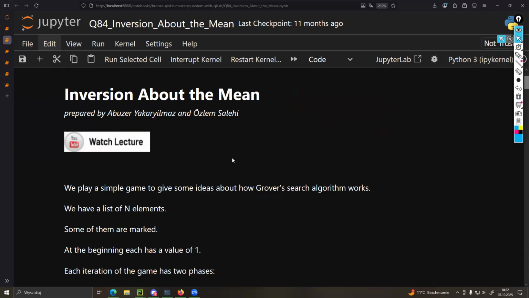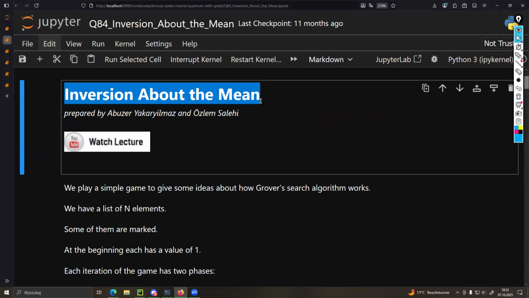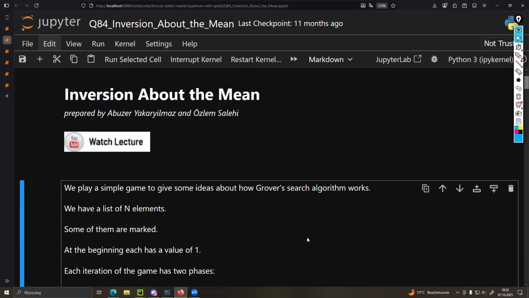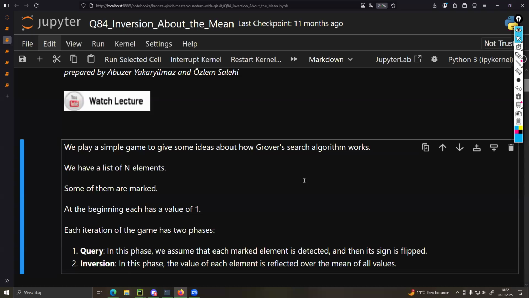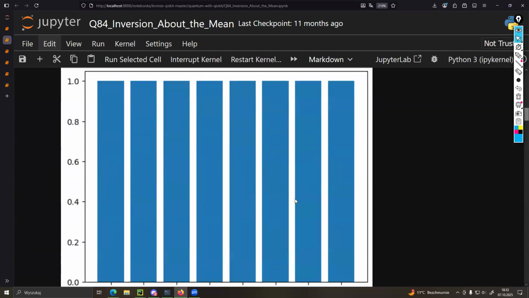So what we need is one of the operations, inversion about the mean, because what we do is pretty much try to perform a certain operation that will mark our elements as wanted during the calculation.